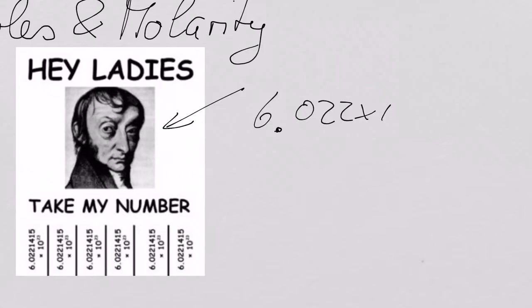6.022 times 10 to the power of 23, that is actually a mole. And very often we don't deal with whole moles, we deal with lower units of that, millimole or micromole or nanomole, picomole, things like that. Yeah?